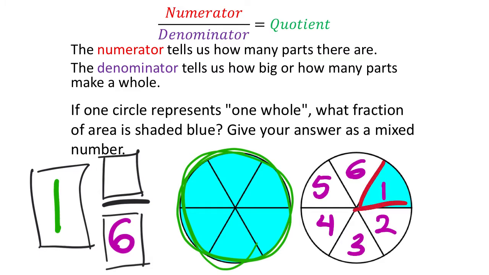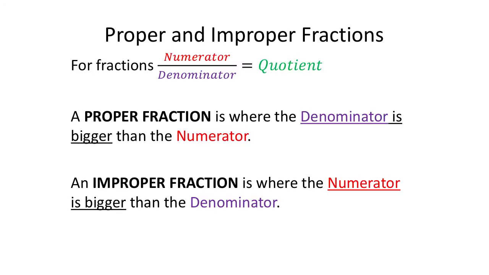And there's this 1 piece right here, 1 piece shaded out of the 6. So this, again, this would read 1 and 1/6 as a mixed number of the shaded pieces anyways. A little bit of a different way to show fractions is those mixed numbers.